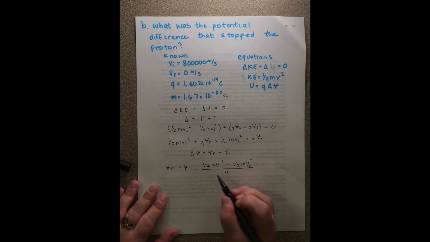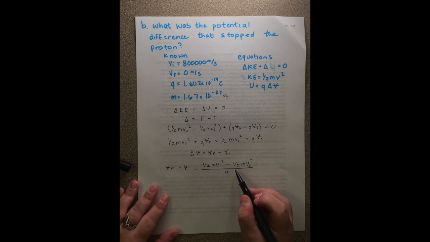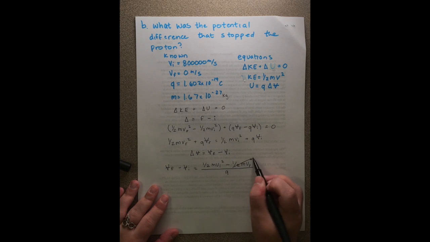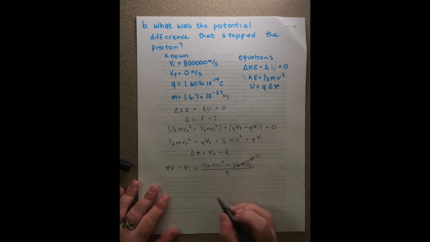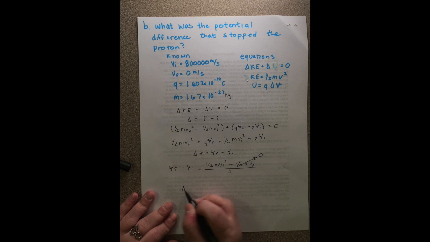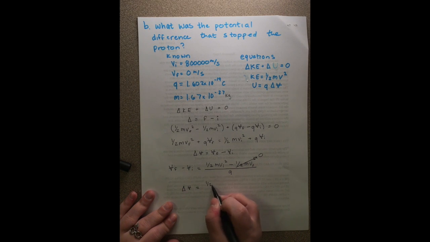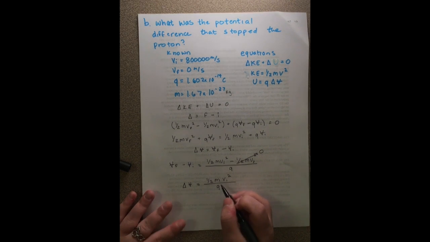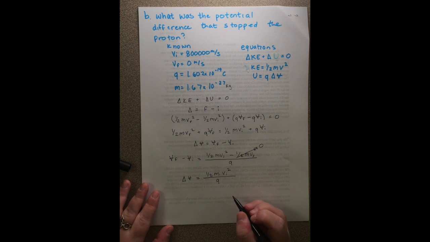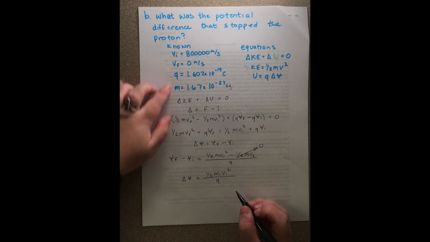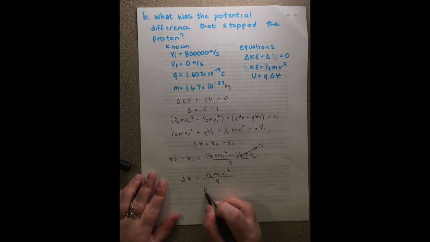We can then cancel out this term because the final velocity is 0, and so multiplying 0 by all of this just gives you 0. So we end with that the change in potential is equal to 1/2 mass times velocity initial squared over the charge. Now we plug in these given values.